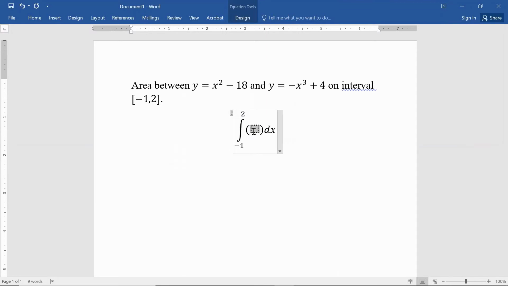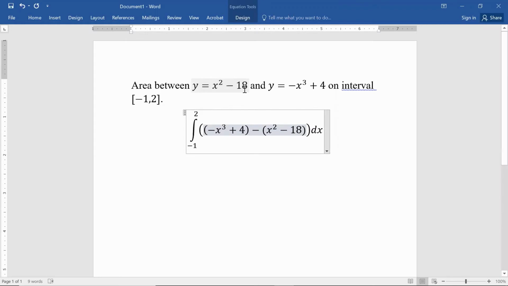Like I said, the top function on that section is negative x cubed plus 4. And we're going to be subtracting the bottom function, which is x squared minus 18, at least over the interval that we're looking at. In other words, between -1 and 2. I like to clean things up.